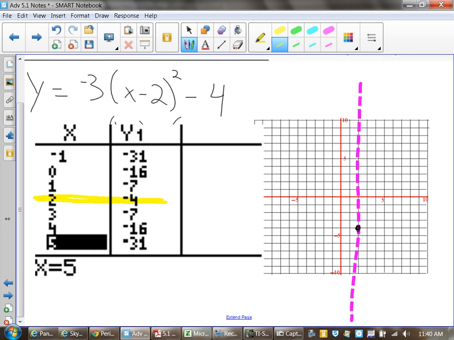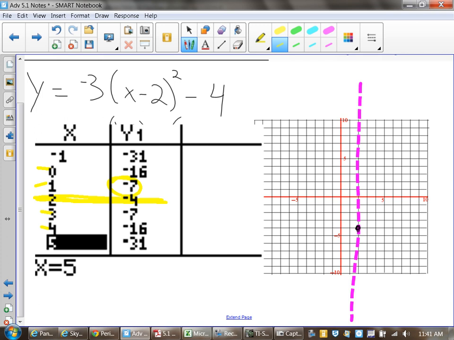That value of 2 is also the axis of symmetry. So from here on out, when x is 1 and x is 3, they should have the exact same y coordinate. When x is 0 and x is 4, they have the same y coordinate.